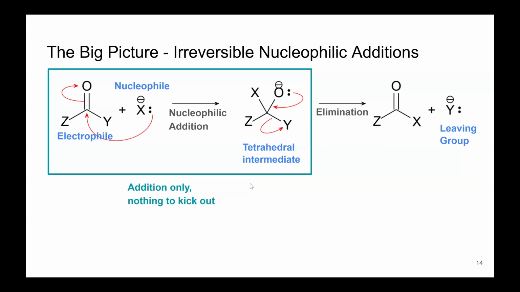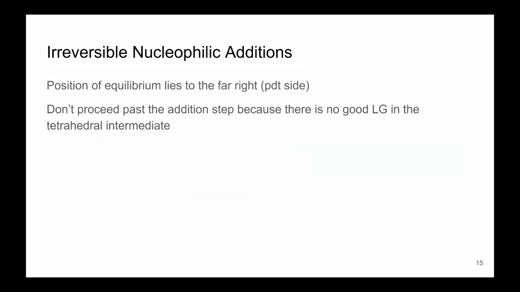So, addition only, nothing to kick out. For irreversible nucleophilic additions, the position of equilibrium lies far to the right, on the product side. It won't proceed past the addition step because there are no good leaving groups in the tetrahedral intermediate.